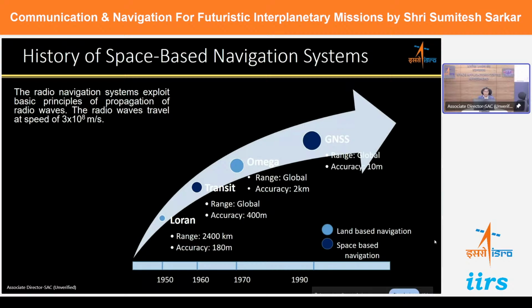Next. So there are different mechanisms of these RF navigation systems. Some are Doppler based, some are based on triangulation. So there are LORAN, Transit, Omega, and GNSS. GNSS is the latest system, that is GPS and NavIC. These all fall under the GNSS system.